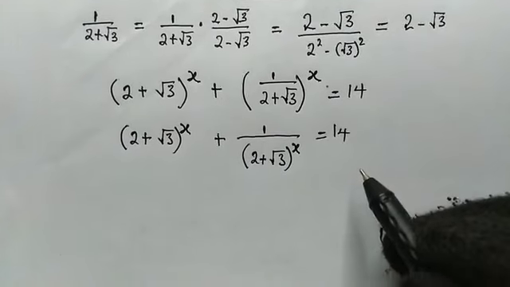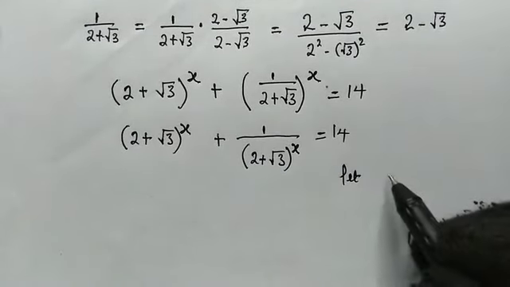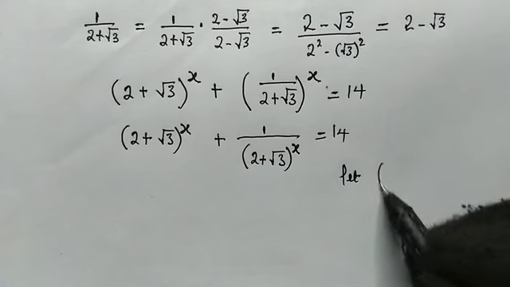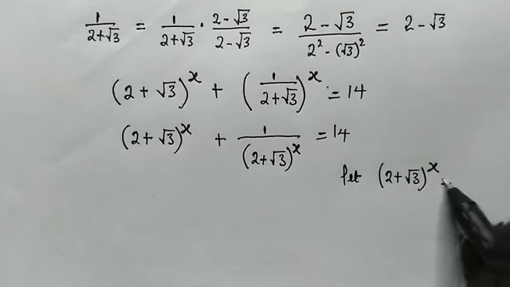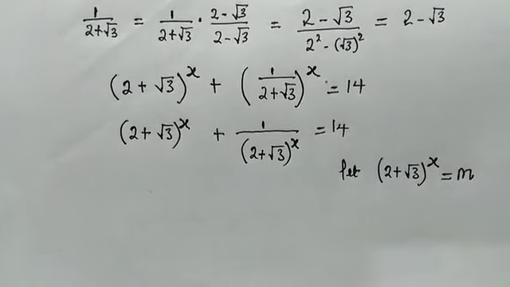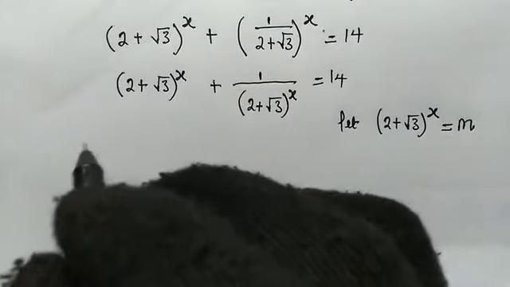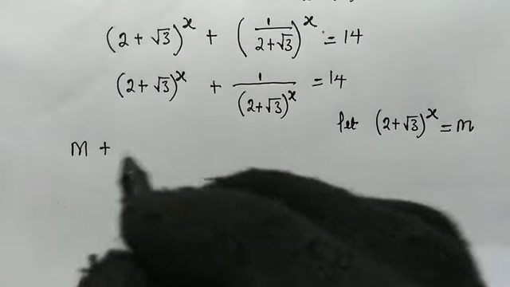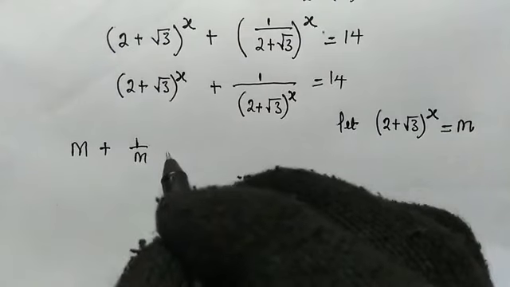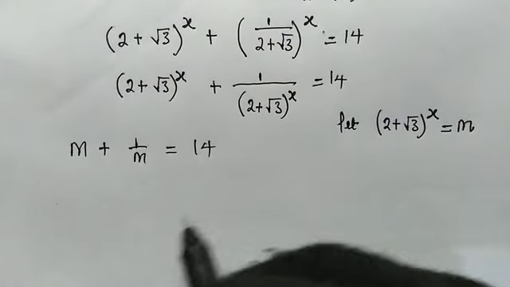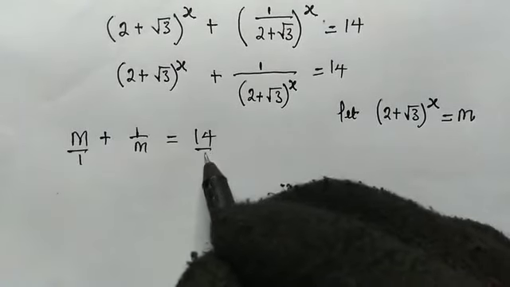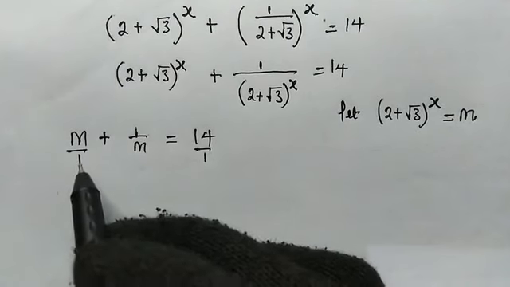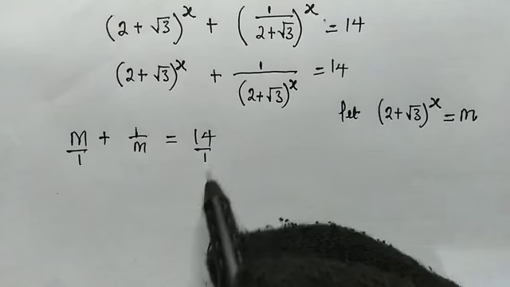So here we're going to make a substitution. We're going to let 2 plus root 3 to the power of x equal m. So here we have m plus 1 over m equal to 14. Now, this is over 1, and here we have over 1. The LCM of 1, m, and 1 is m.